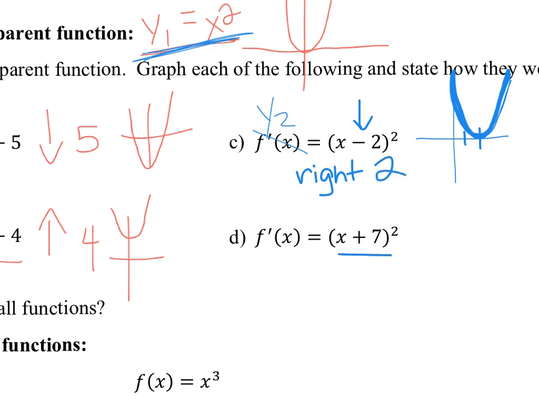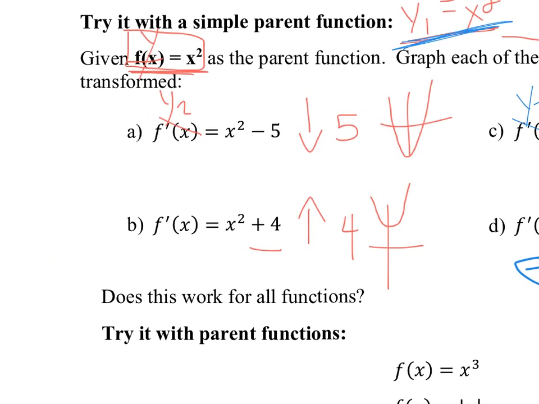Now this one, maybe you already know what's going to happen. Try it anyway. This one should move to the left 7. So, to sum up, if you're adding to the function, so x squared isn't changing, I'm just subtracting 5 or adding 4, that moves it up or down, exactly the way you would think it should.